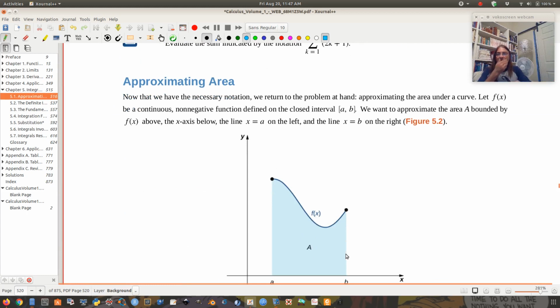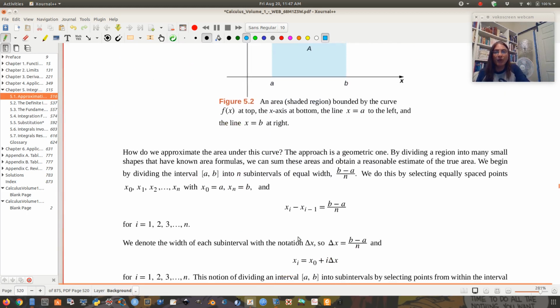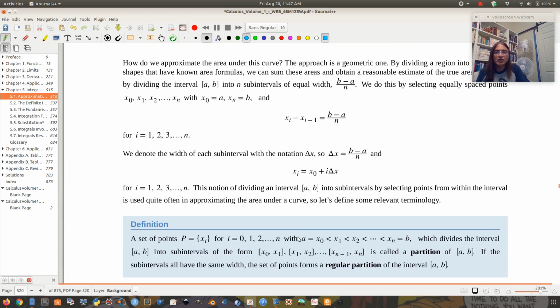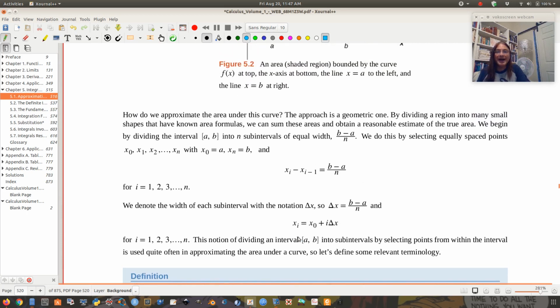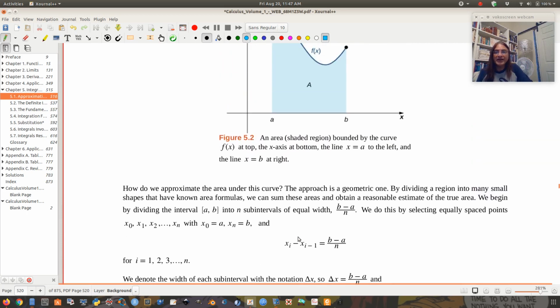Okay. Now we will see that if you want to approximate the area under a function, we can get a summation for that. How? First we divide the interval a to b into n subintervals of equal width, (b minus a) over n.